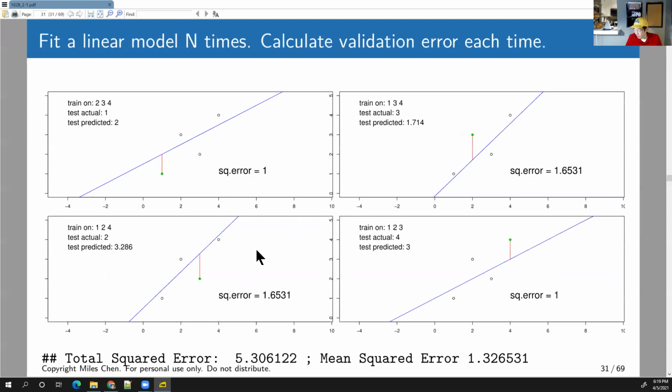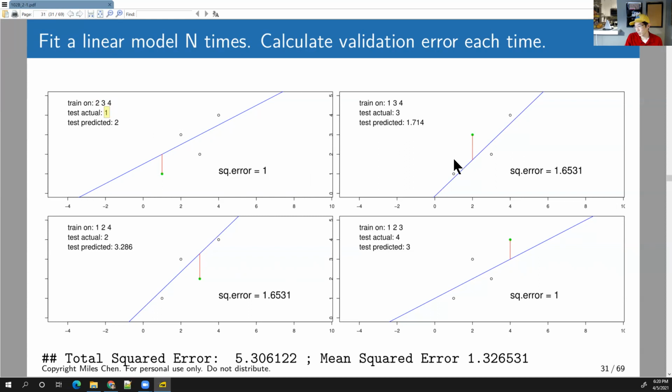This is just a summary diagram of the linear model fit 4 times, where each data point got to serve as the test point or the validation point. If you train it on these points, and the validation point is observation 1, observation 2, observation 3, observation 4, these are your squared errors.